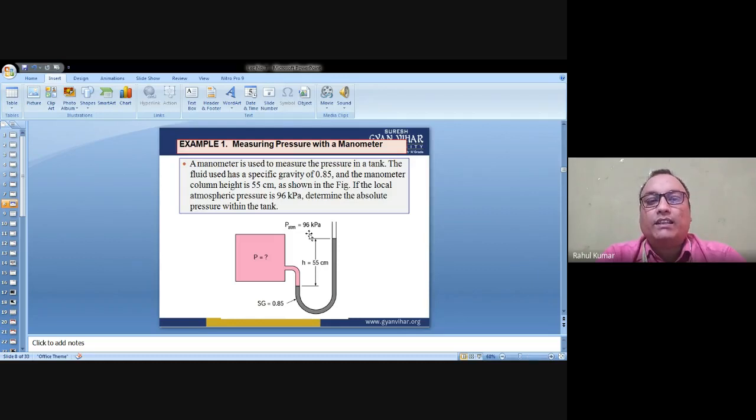Because the specific gravity of this liquid is 0.85, this is not mercury. So the difference between two levels of this liquid is 55 centimeter. For these conditions, we can find the pressure inside the tank.